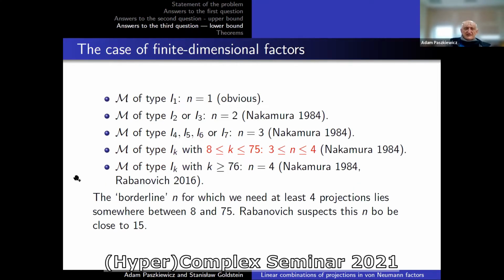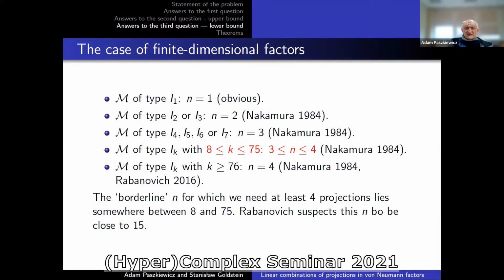Well, people also solved the problem completely in finite factors. Here we look, in fact, at the full algebra of all operators in a Hilbert space, in the case when the dimension of the space is 1, 2, 4, 5, 6, 7, and k from 8 to 75, and for k greater than 75.